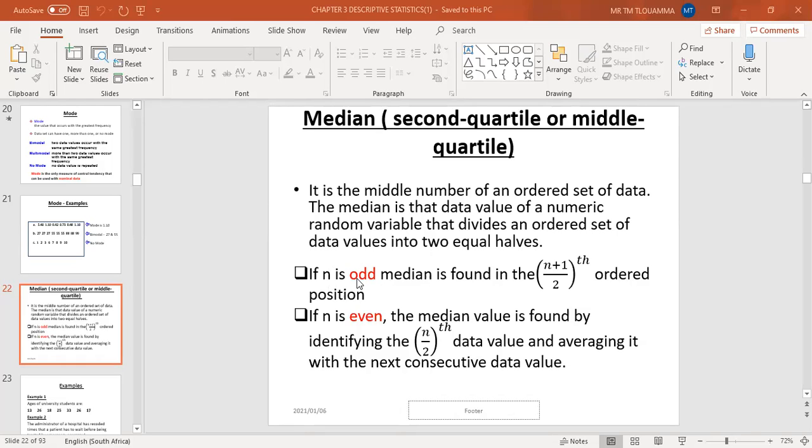If n is odd, the word odd, we all know the odd numbers, 1, 3, 5, 7, and so forth. So if n is odd, the median is found in the (n plus 1) divided by 2, nth ordered position.